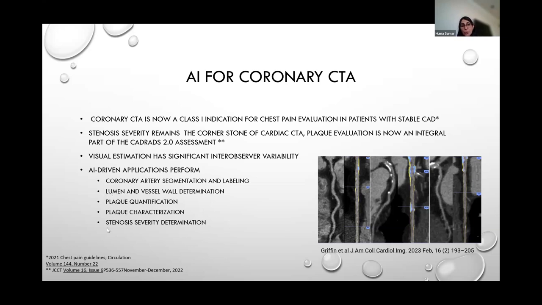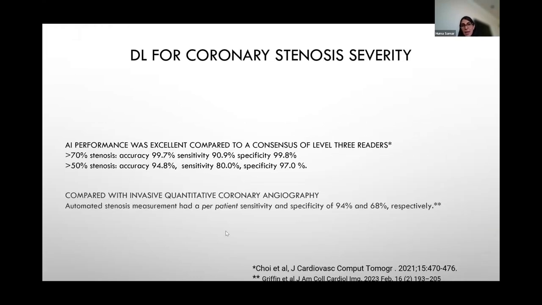And because they're able to do all of this, they can also determine stenosis severity. So when these deep learning algorithms were tested against expert readers, they found very good sensitivity and specificity. And they've also been tested against coronary angiography, which is the gold standard for stenosis severity determination. And they found good sensitivity and reasonable specificity.